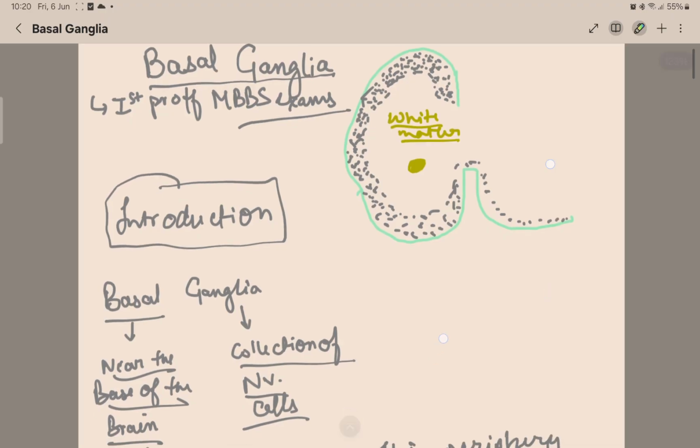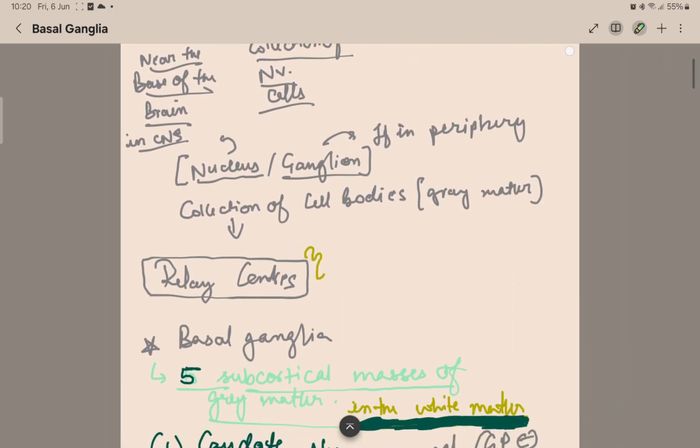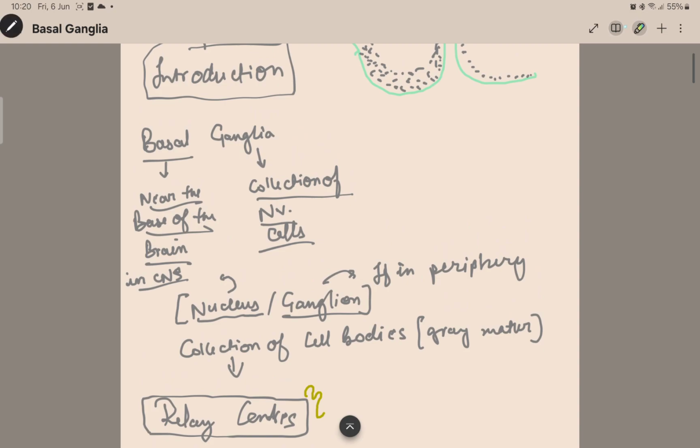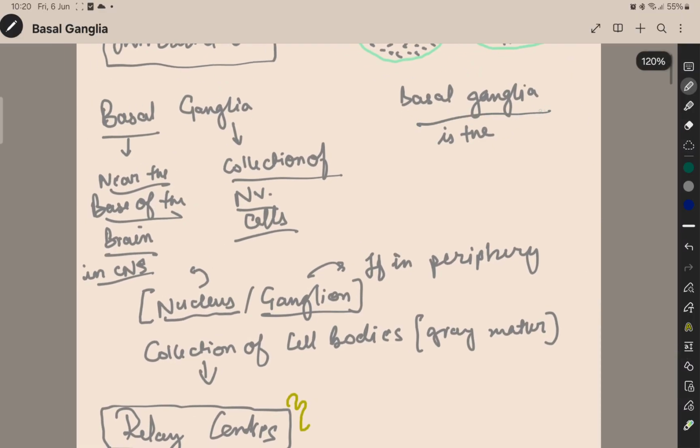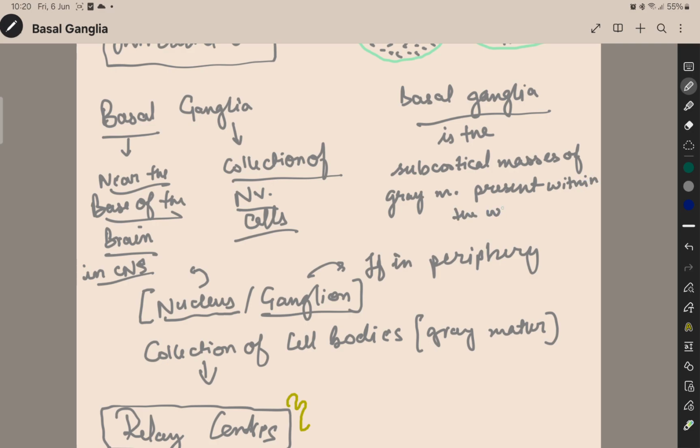So here comes the definition. We can say that basal ganglia is the subcortical mass of gray matter present within the white matter.